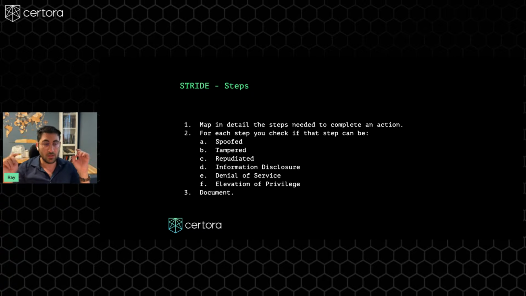Information disclosure. Are you disclosing sensitive information about your clients or about the protocol? Let's give a huge example from Web 2. A few years back, there was a very big attack on Google servers, if I remember correctly, called Heartbleed, where you send a request and say how many bytes the response should have.